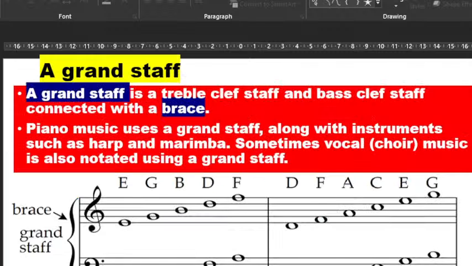As we talk about the staff, there are types of staff. We have the grand staff. A grand staff is a treble clef staff and a bass clef staff connected with a brace.